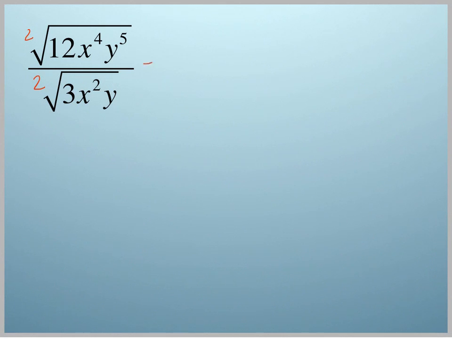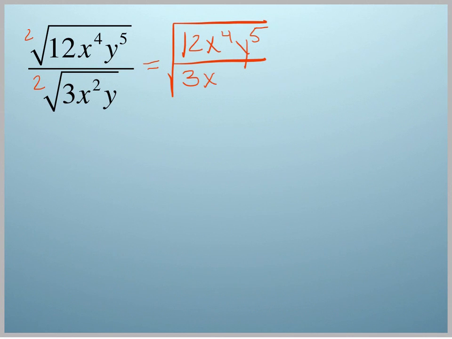So that means we can use one of our properties that says if we have the same index, I can combine it into a single radical. So it's going to be the square root of 12x to the 4th, y to the 5th, over 3x squared y.